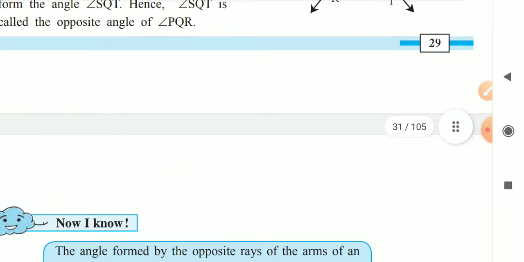So what is the meaning of vertically opposite angles?